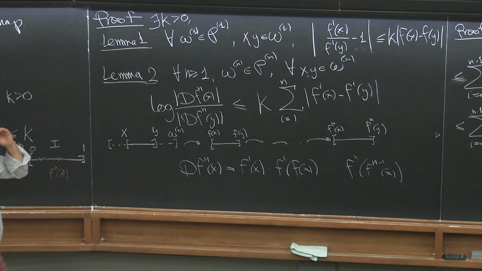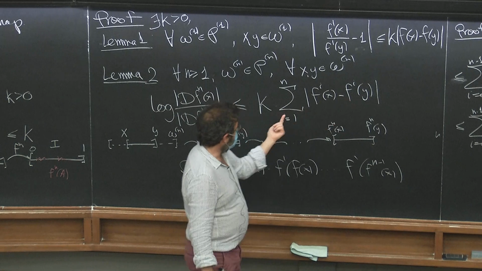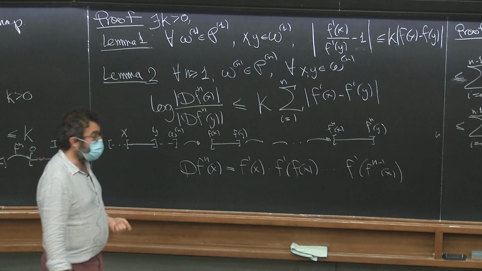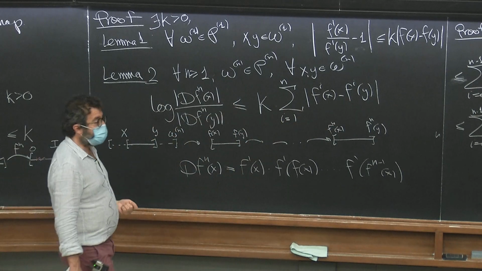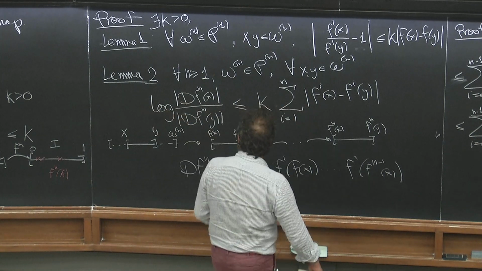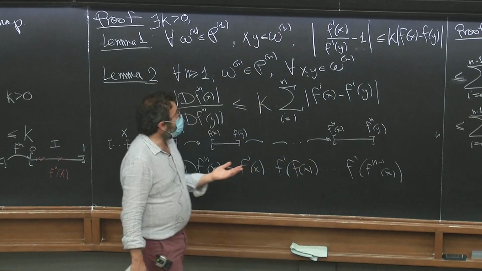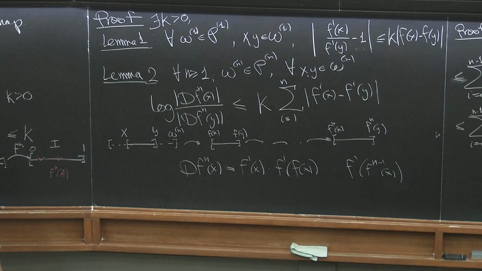And now the question is, how do we bound this? How do we get a uniform bound for this, right? Because what we have now is this bound, but what we want is this bounded by |f^n(x) minus f^n(y)|. We want this bound, which is less than or equal to 1.